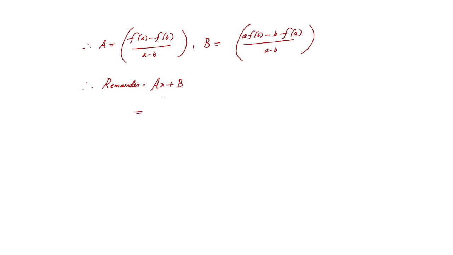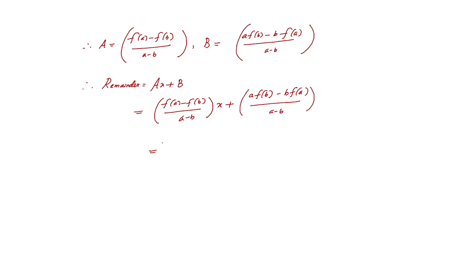Now we put the value of a and b. So f(a) minus f(b) by a minus b multiplied by x plus a f(b) minus b f(a) by a minus b.